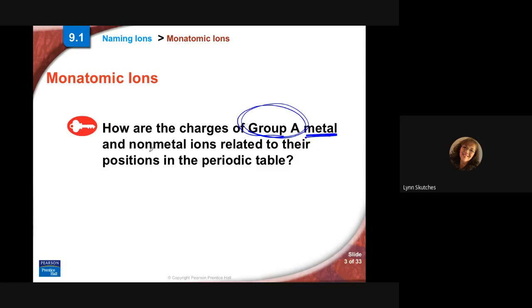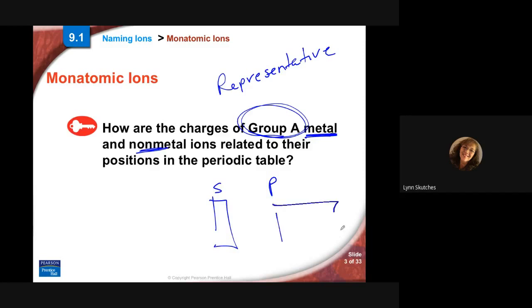And at the end, we'll talk about the nonmetals. The group A are the representative elements. They're the elements in the S and the P block on the periodic table. So those first two columns and the last 6 columns. We'll get to the transition metals towards the end.